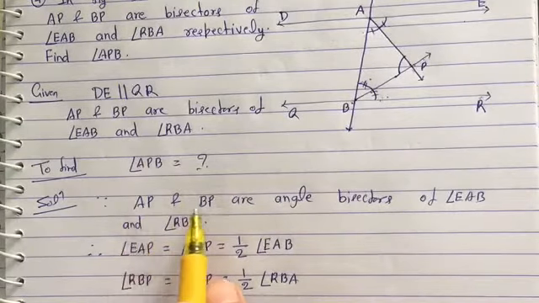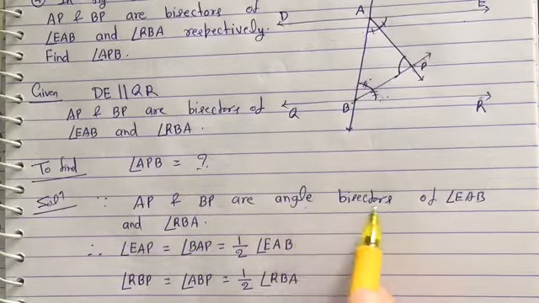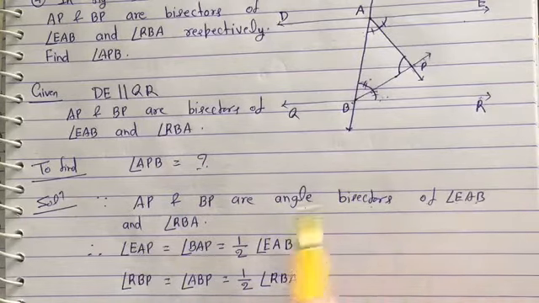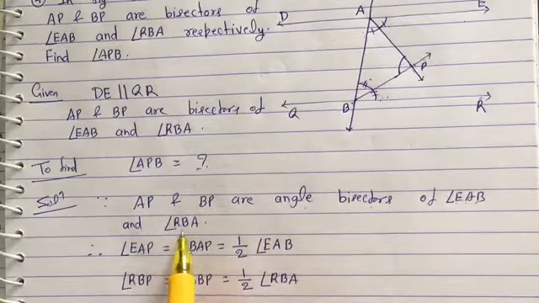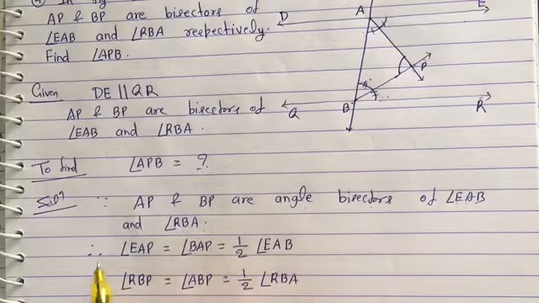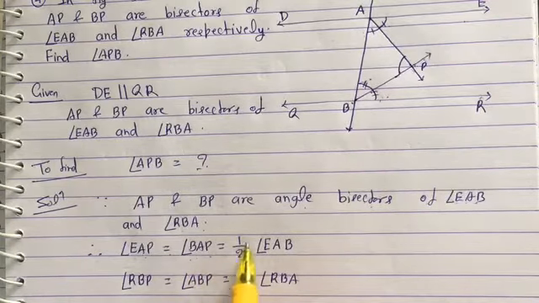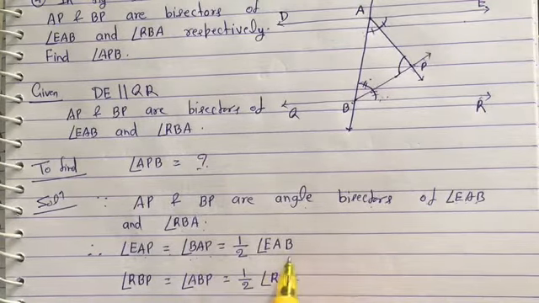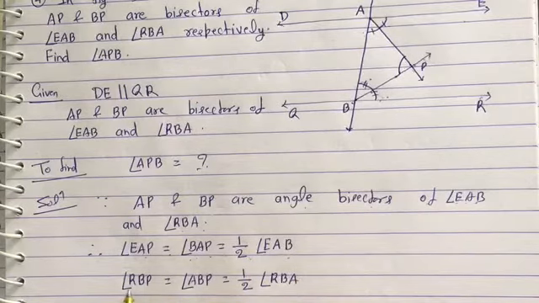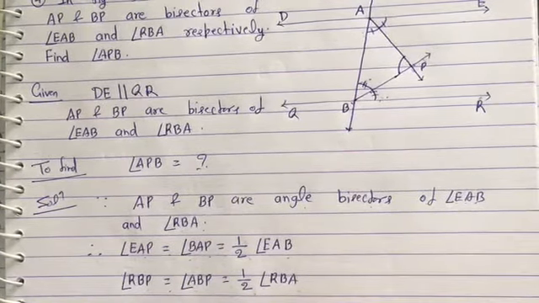Since AP and BP are angle bisectors of angle EAB and angle RBA, therefore angle EAP is equal to angle BAP is equal to half angle EAB, and second, angle RBP is equal to angle ABP is equal to half angle RBA. Clear?